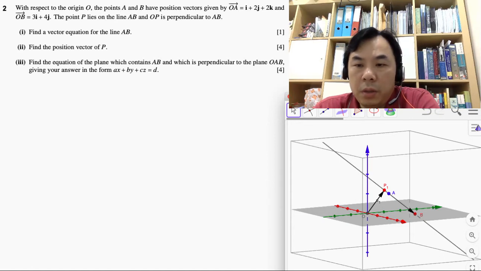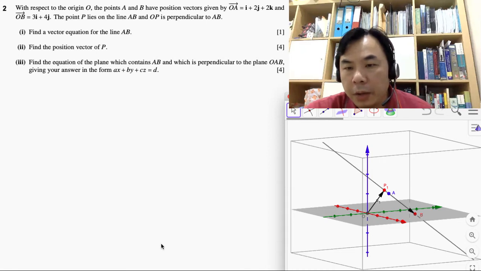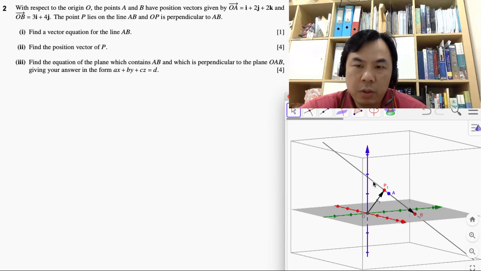Now, for illustration, you can see that from this diagram here. We have points A and B, and there's a line passing through points A and B. There's a point P, which is also lying on the line in this case.